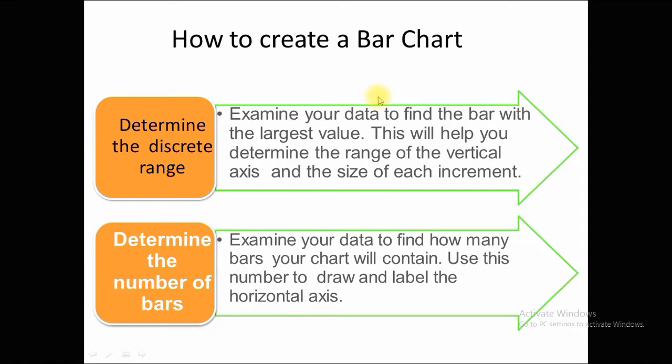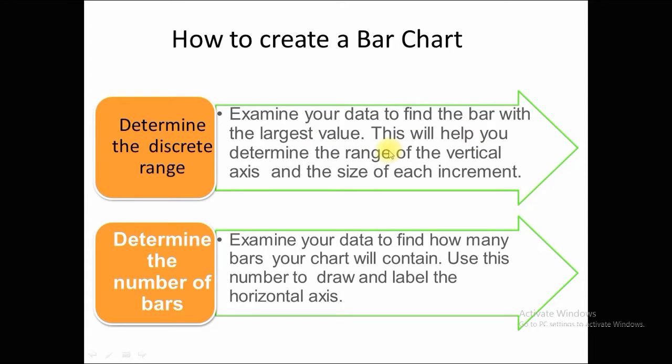Now, how to create a bar chart? There is some procedure to create a bar chart. First of all, determine the discrete range, as I have already told you in the previous slide. For the discrete range, check the data to find the bar with the largest value.